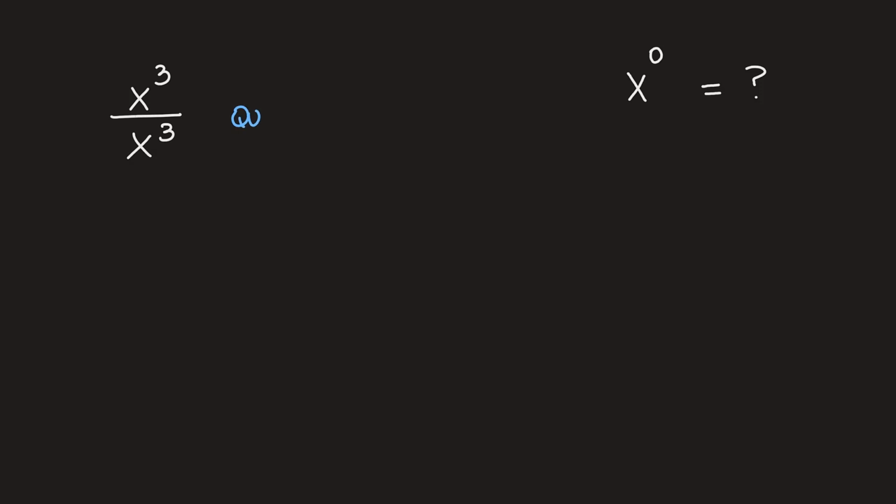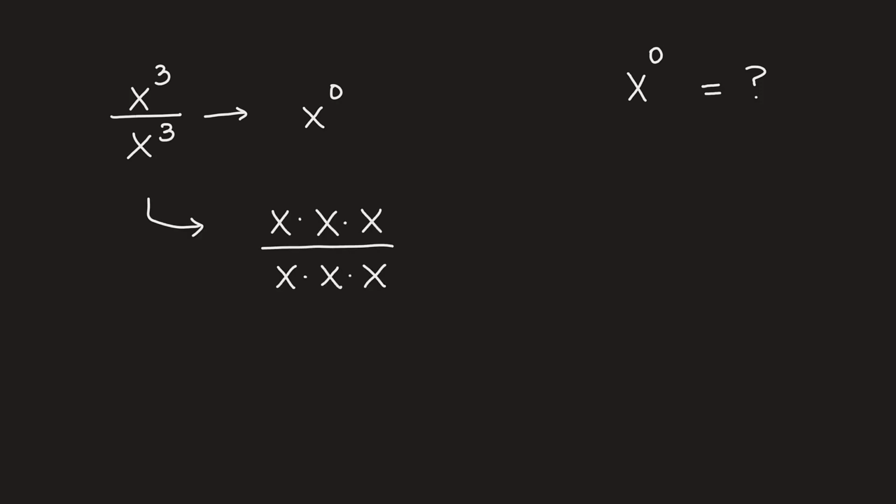If we apply the quotient rule and subtract the exponents, this will give us x to the 0 power. If instead we expand this quotient using our definition of exponents and cancel out the common factors, this reduces to 1. Therefore, this must mean that x to the 0 is also equal to 1.